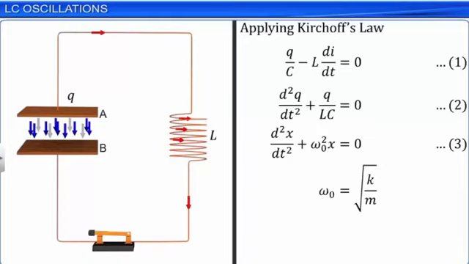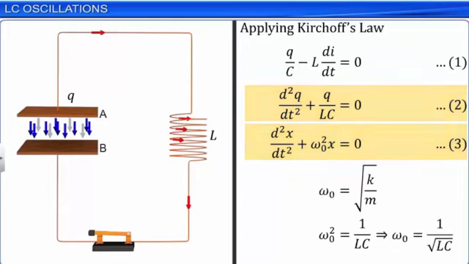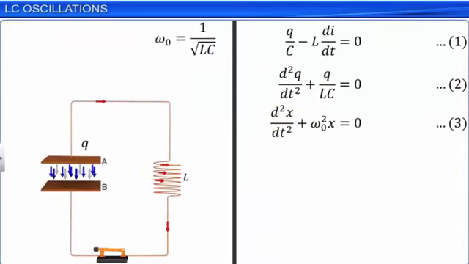Comparing equations 2 and 3, we have the natural frequency omega naught of LC oscillations in the circuit equal to 1 by square root of LC. We know that in equation 3, the displacement x is expressed as a cos omega naught t plus phi, where phi is the phase difference and a is the amplitude of oscillations.